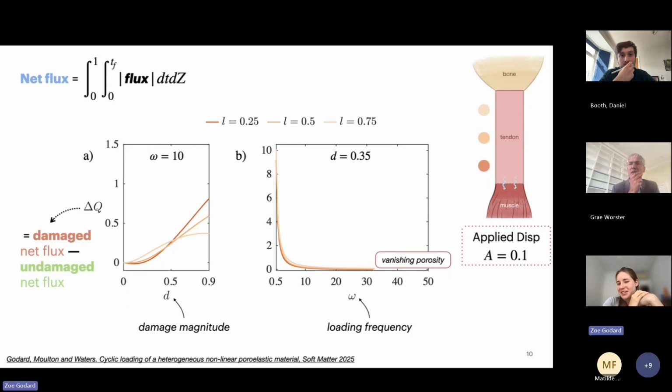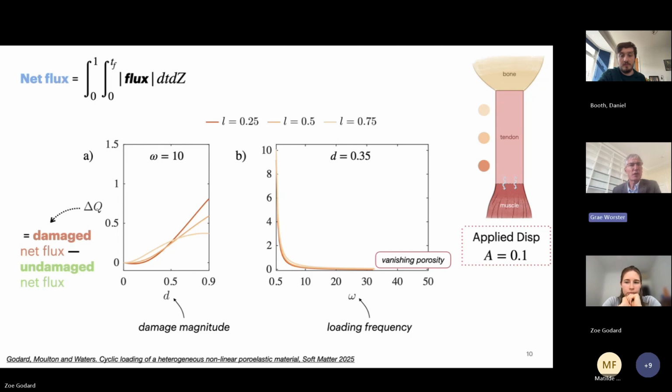That's a great question. I'm not really sure. It came out from trying a lot of different things and seeing how I could characterize the response, rather than thinking how can I relate this to a specific tendon quantity. But that's certainly something that I'm trying to think about more now.